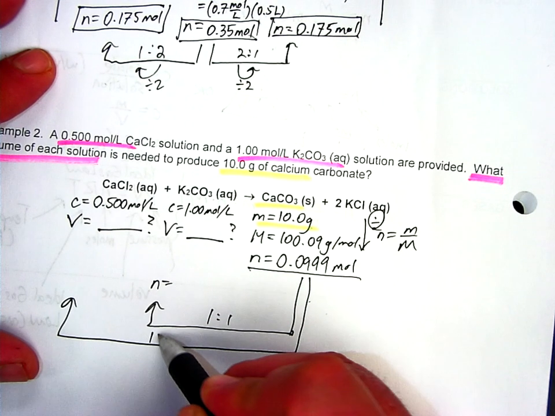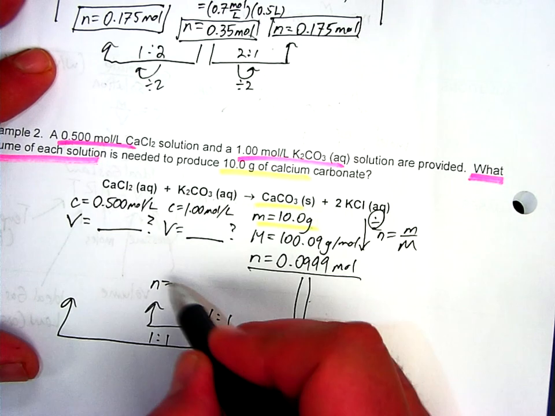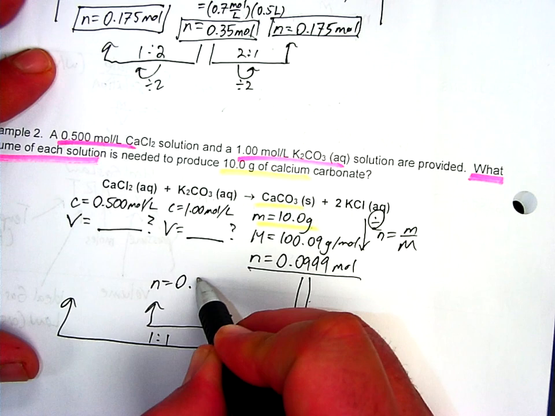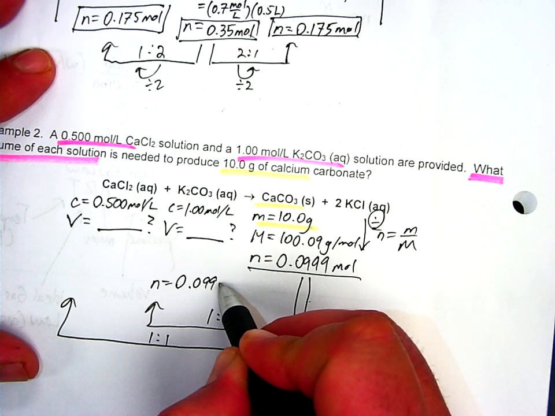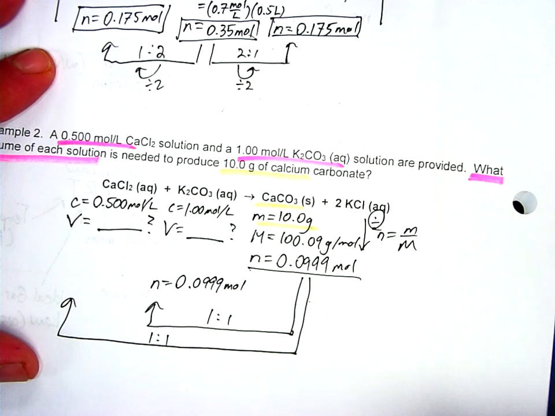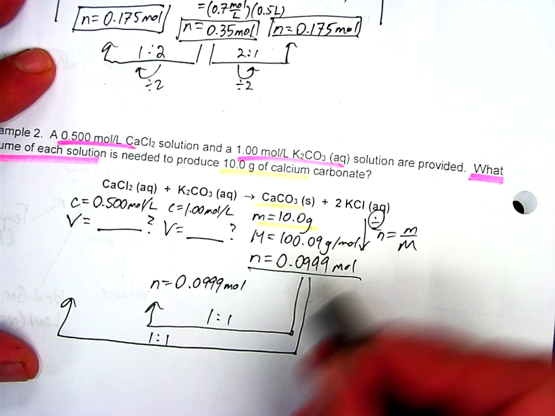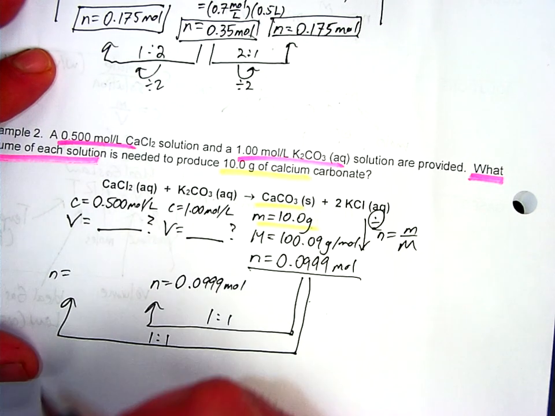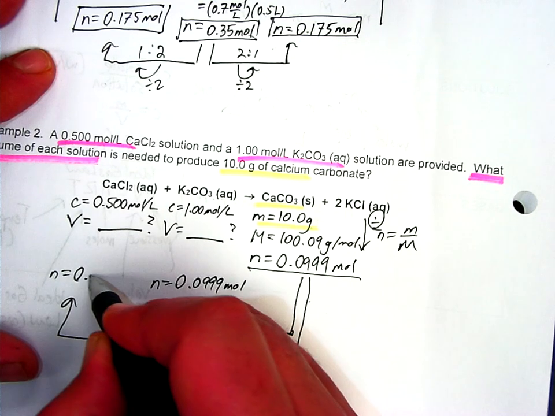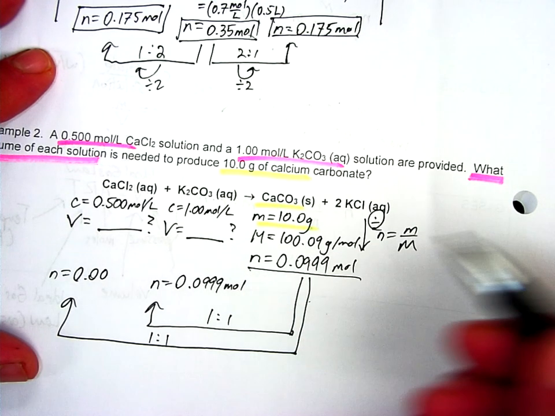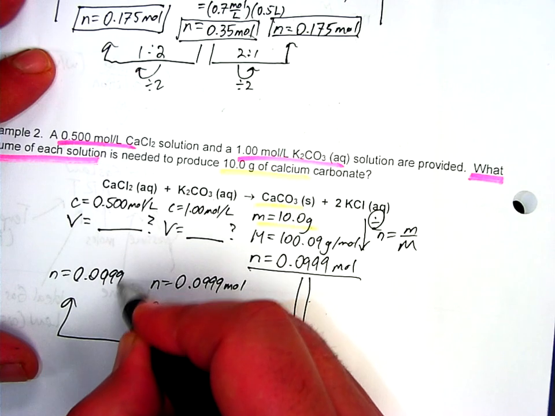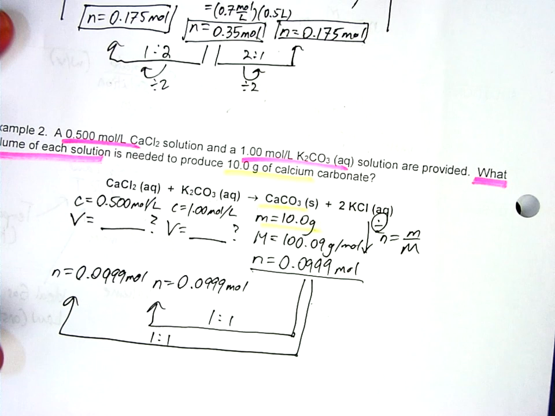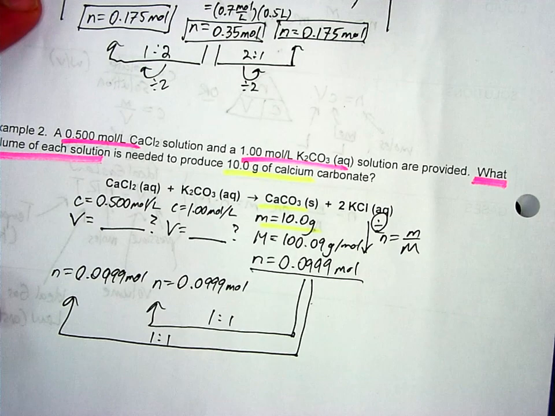It happens to be the same ratio. So the number of moles of potassium carbonate that's needed matches the number of moles of calcium carbonate that I'm going to produce, and also the moles of calcium chloride that are needed also matches the number of moles of calcium carbonate that's produced.